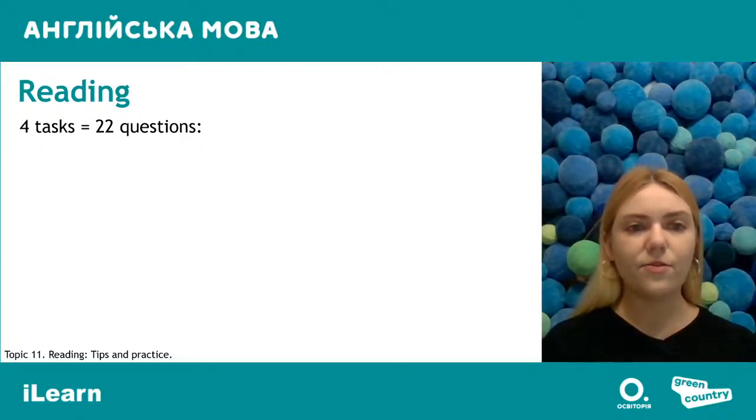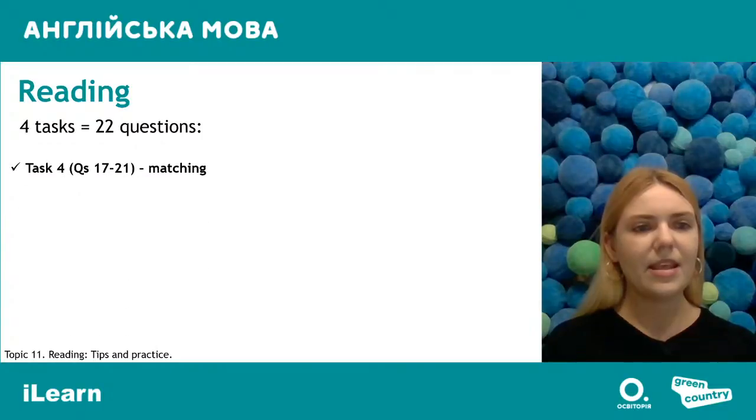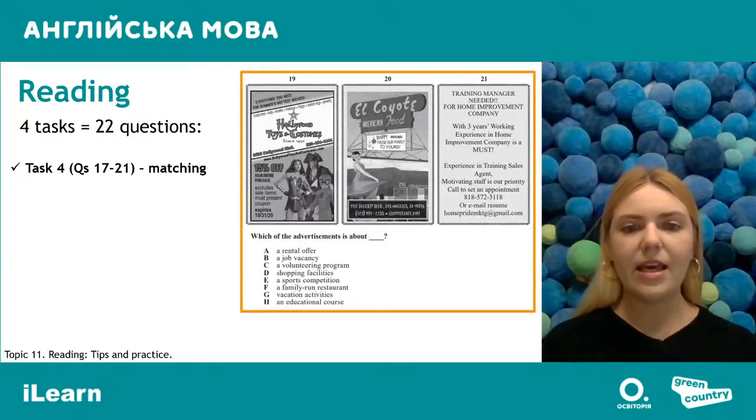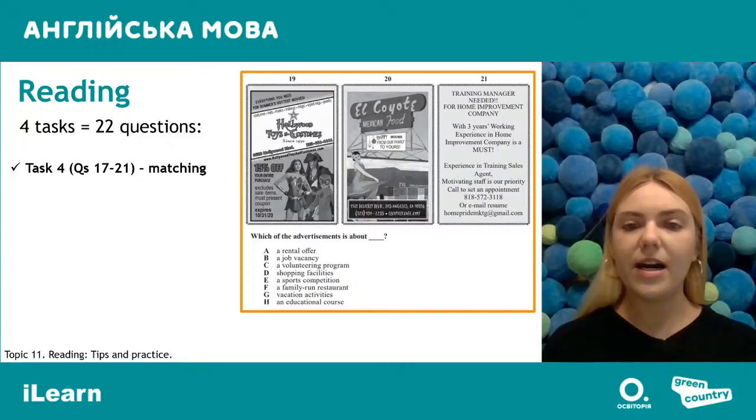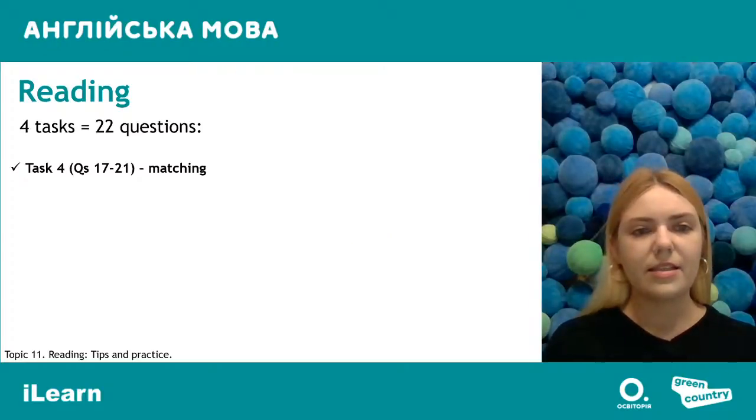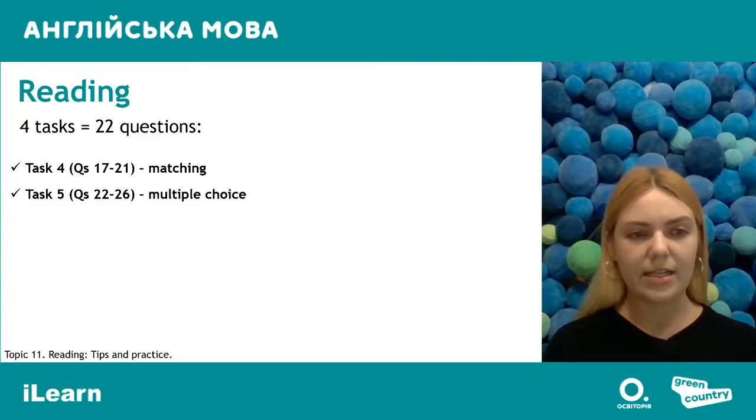So task number 4, the first task in this section, is the matching task. Usually you will see 5 advertisements or 5 very short texts, and you will need to choose what each advertisement or text is about.